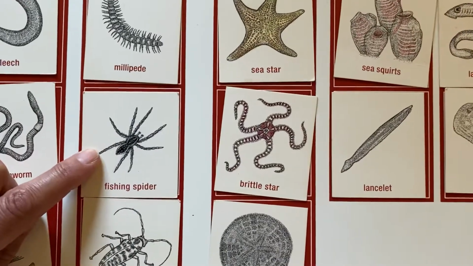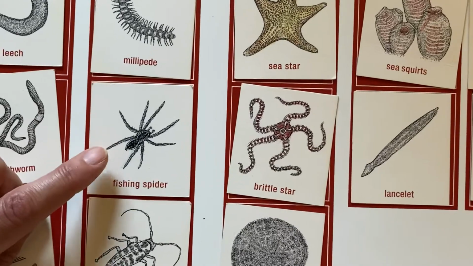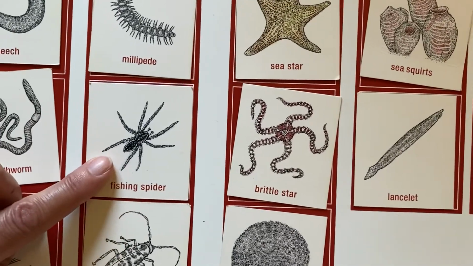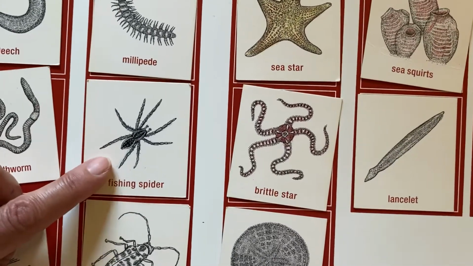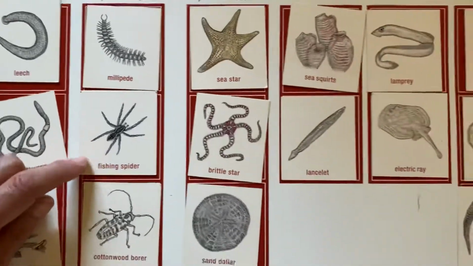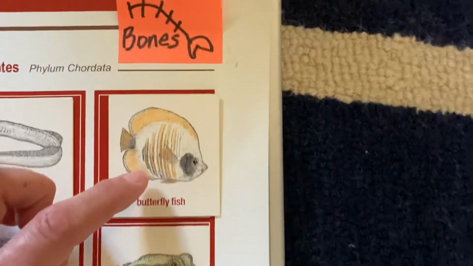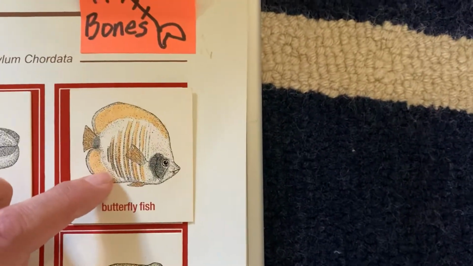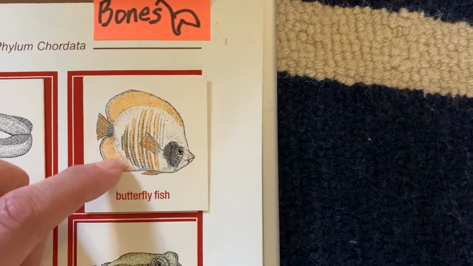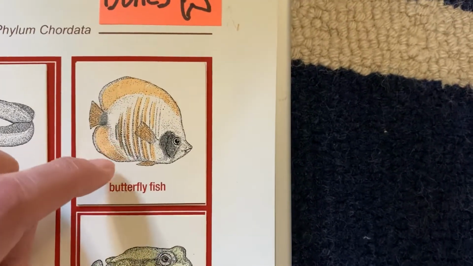Well, of course not. He is there to represent all the spiders of the whole wide world. So if we blew a whistle at the end of Animal Kingdom recess and they all lined up, all the spiders would line up behind the fishing spider. He's there to stand as the line leader for all the other spiders. Same thing over here. Is the butterfly fish the only kind of fish that we have? Of course not. We have lots and lots of fish. But he is standing as the line leader for all fish.